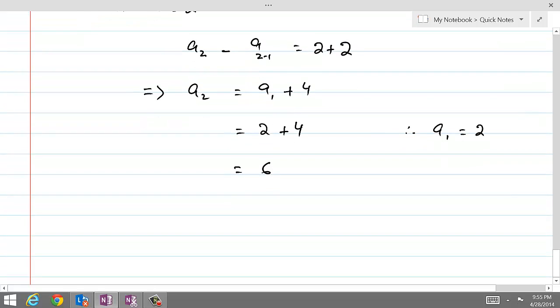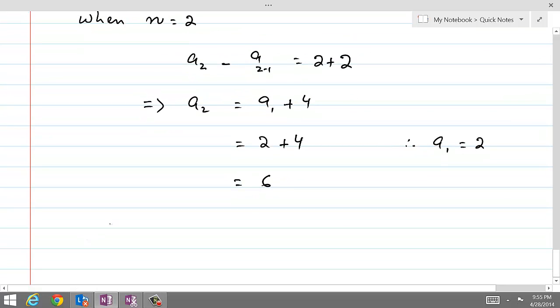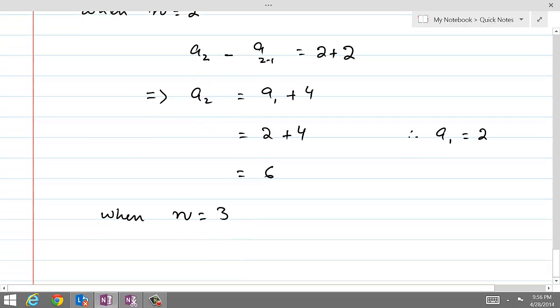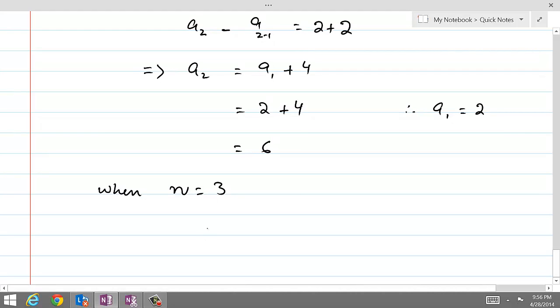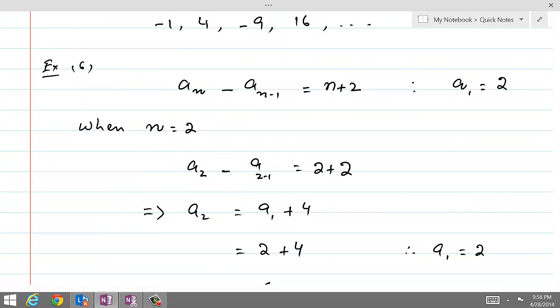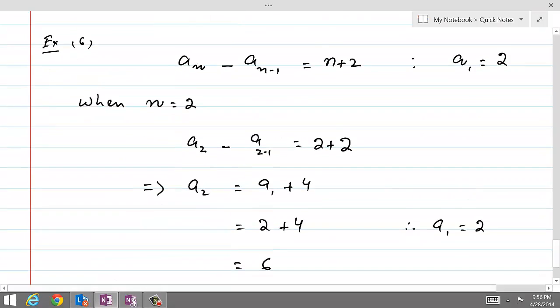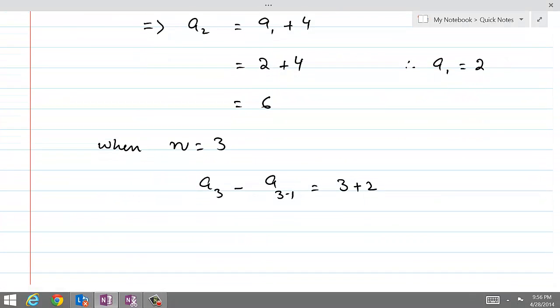Similarly, we can substitute now n is equal to 3. When n is equal to 3, this time this would be a3 minus a2 is equal to n plus 2. If you look in the general rule that's given, that's n plus 2. This means this would be 3 plus 2.